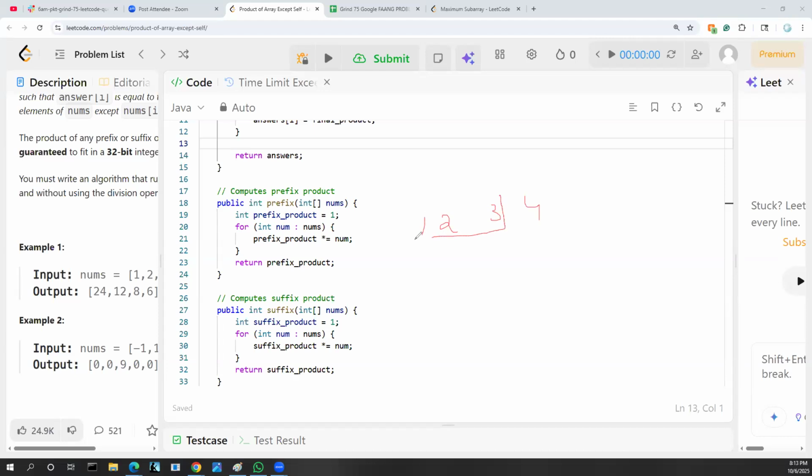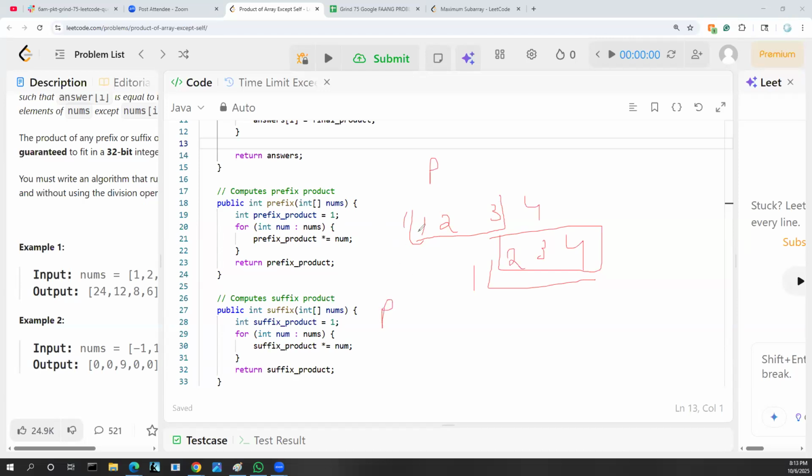Let's say if this is the prefix segment, it multiplies all the elements in this prefix subarray. In the case of a suffix subarray, it will multiply all of these elements, in a way where, of course, we're not repeatedly multiplying these numbers over and over again.